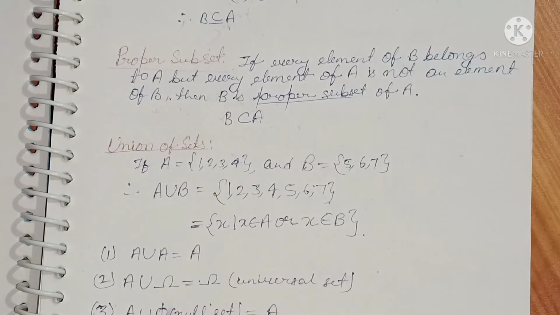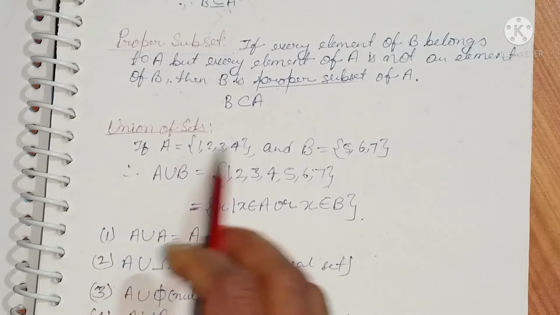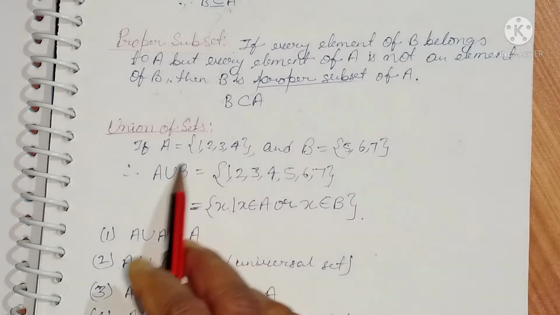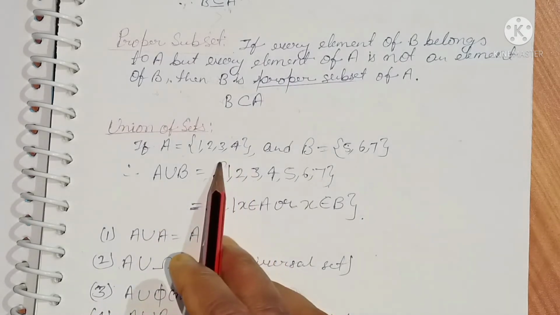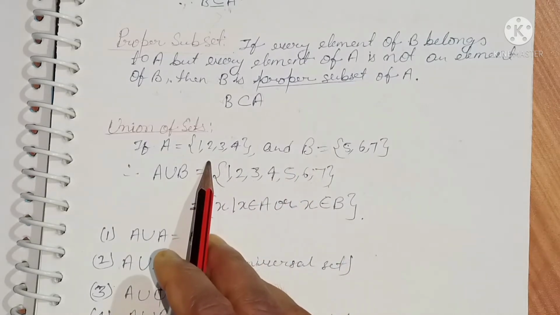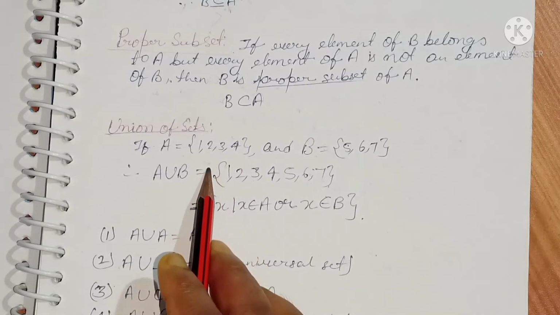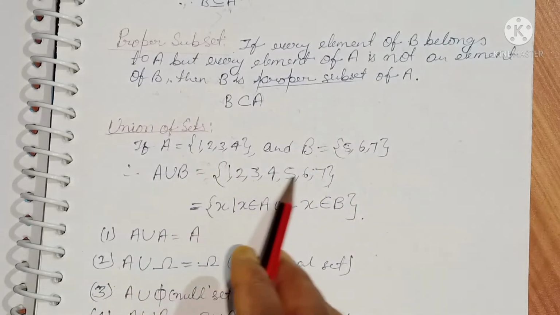Then after that, here it is given union of sets. If A and B are given, then A union B has all elements of A and B. One thing you have to keep in mind is that we don't repeat elements. So here 1, 2, 3, 4, and 5, 6, 7, all the elements we have to write here.